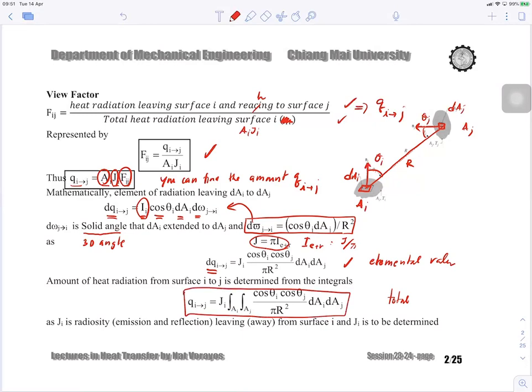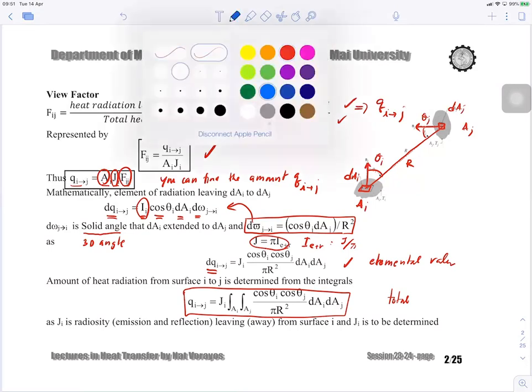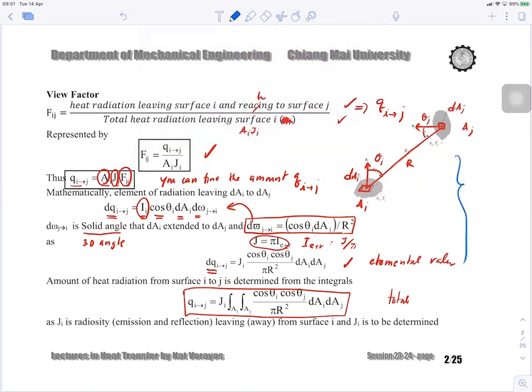Basically, this is just math. You can skip this part, or study it by yourself in the book. But if you ask me which is the most important part, it is this equation. Just take a look at this equation once again, and you can see that we can substitute this into that.